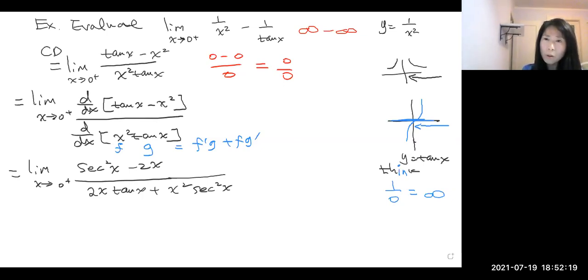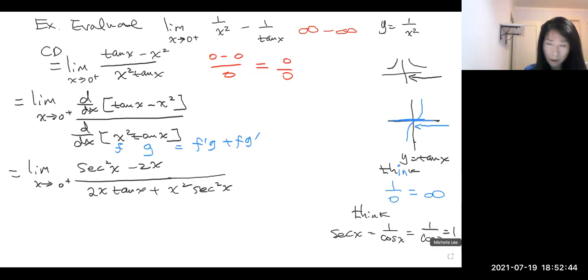So when x approaches 0, what do you get? One. So 1 over cosine 0, which is 1, and the square is 1, right?